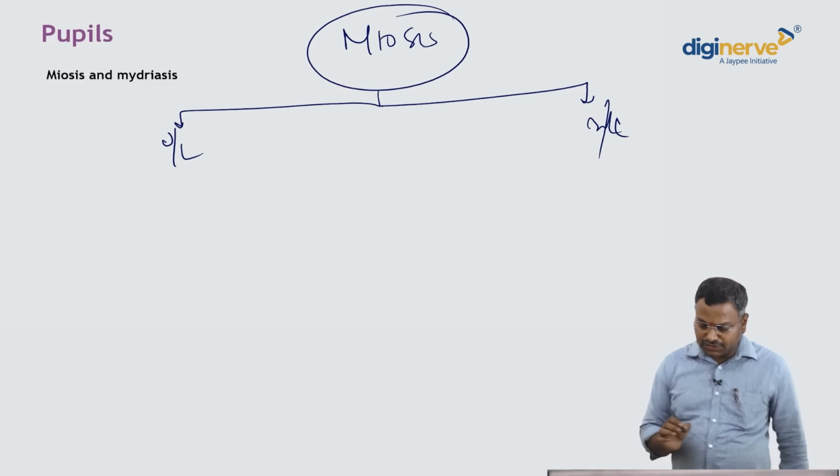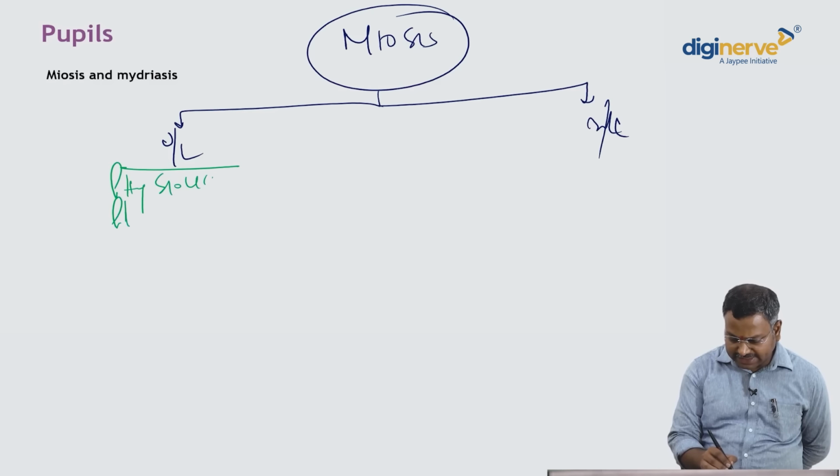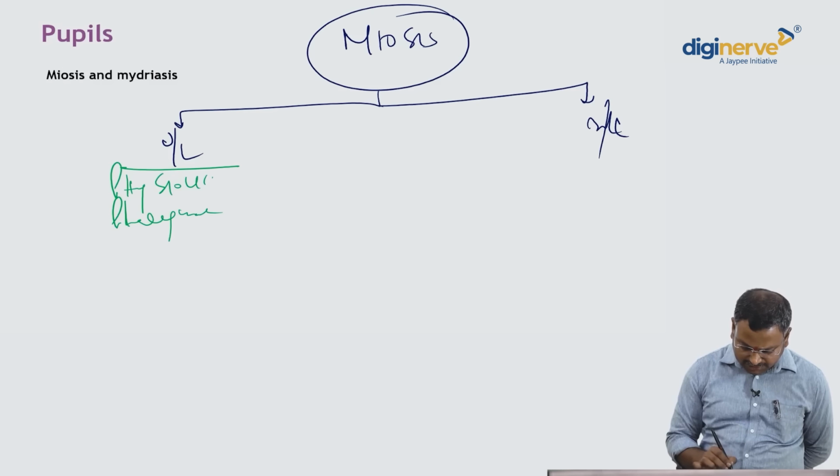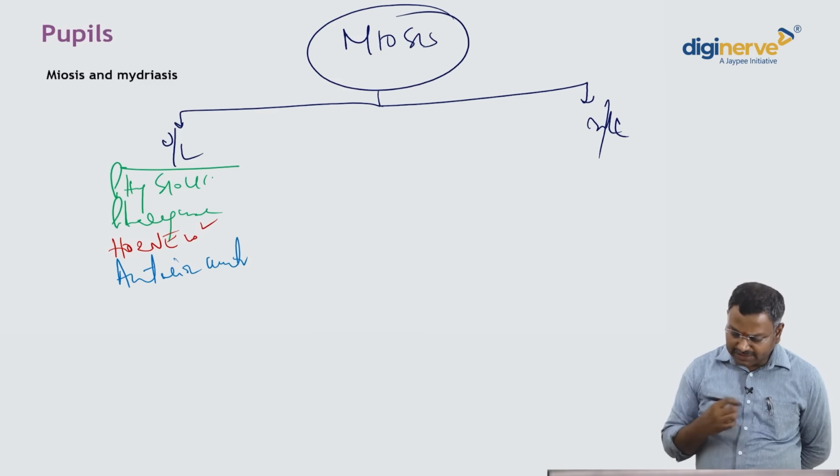Unilateral, it could be physiological sometimes, pharmacological rarely. A very important cause, remember, is Horner syndrome. And you could get it in anterior uveitis, and rarely the patients can have a long standing Adie's.